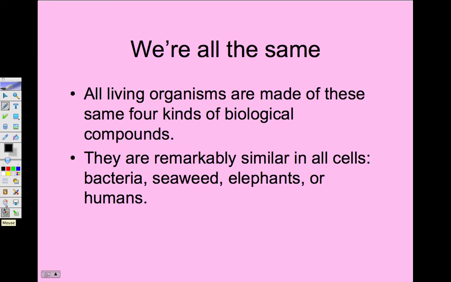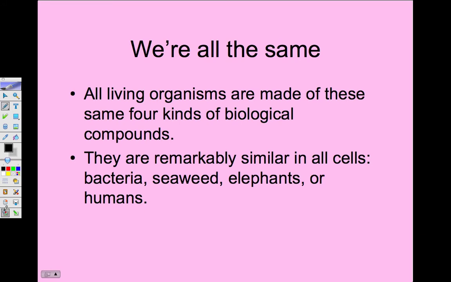Now, before we go on, I just want to remind you that all living organisms are made of these 4 kinds of biological compounds. So whether we're talking about bacteria or fungi or plants or animals, all living organisms are made of these same kinds of molecules, and the structures of these molecules are remarkably similar in all these different organisms.